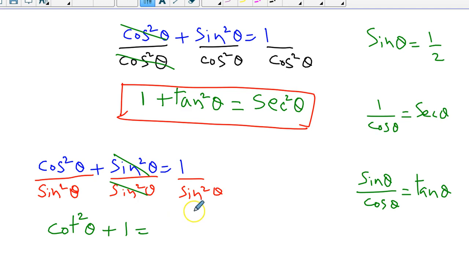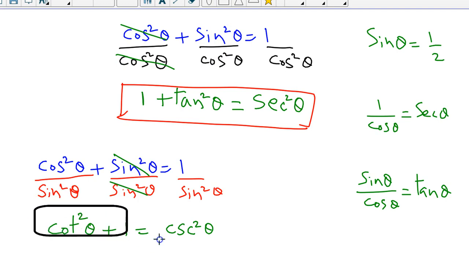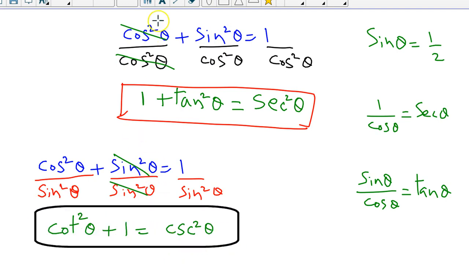But what is the reciprocal of sine theta? It is nothing but cosecant, CSC, and there is a square, therefore I'll write cosecant square theta. That is 1 plus cot square theta, or cot square theta plus 1 is equal to cosecant square theta, right? Those are the three Pythagorean identities we have.